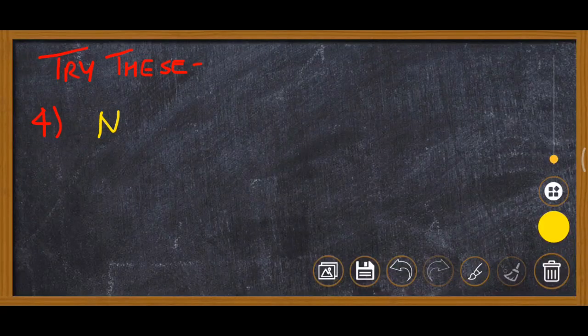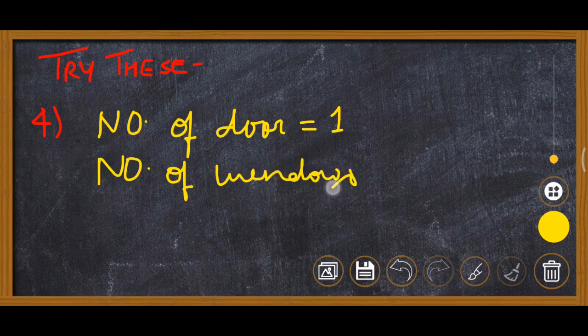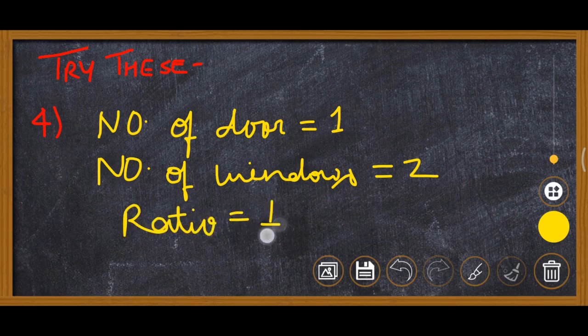So in our class you can see that number of doors, only one door, and number of windows, 2 windows. So the ratio is 1 upon 2, or we can say 1 ratio 2.